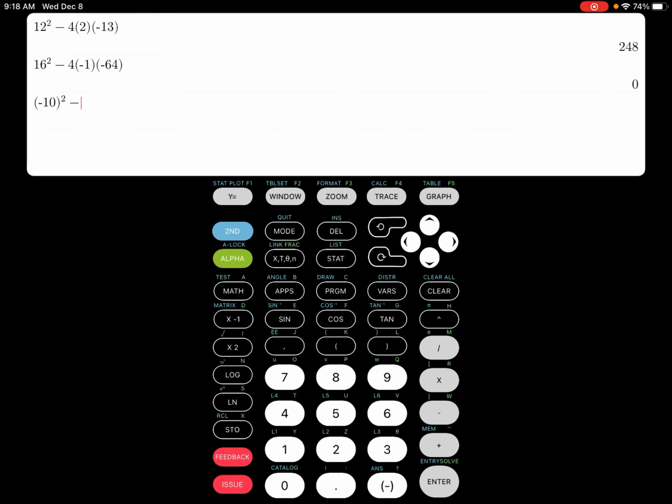Negative 10 squared minus 4 times negative 4 times 84. We get 1,444. If you're not sure if that's a perfect square, take the square root of it and see if you get a whole number. Yep, 38 squared is 1,444.